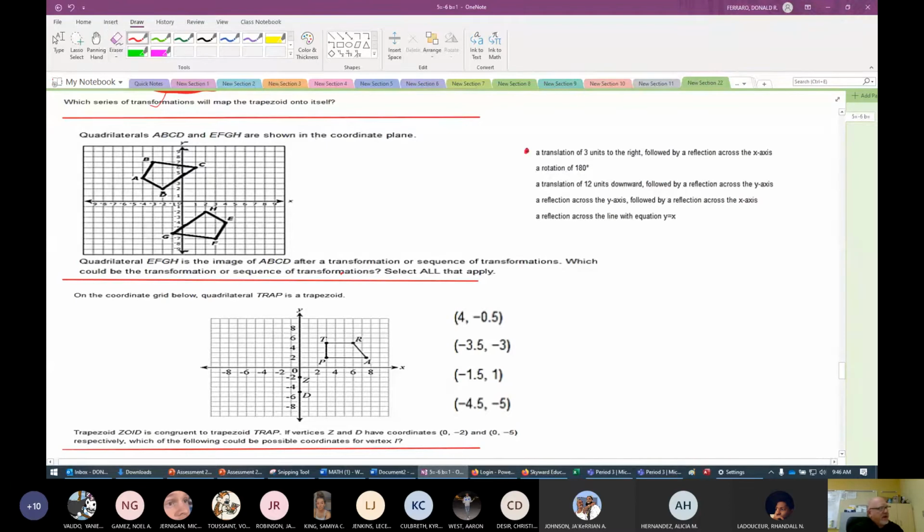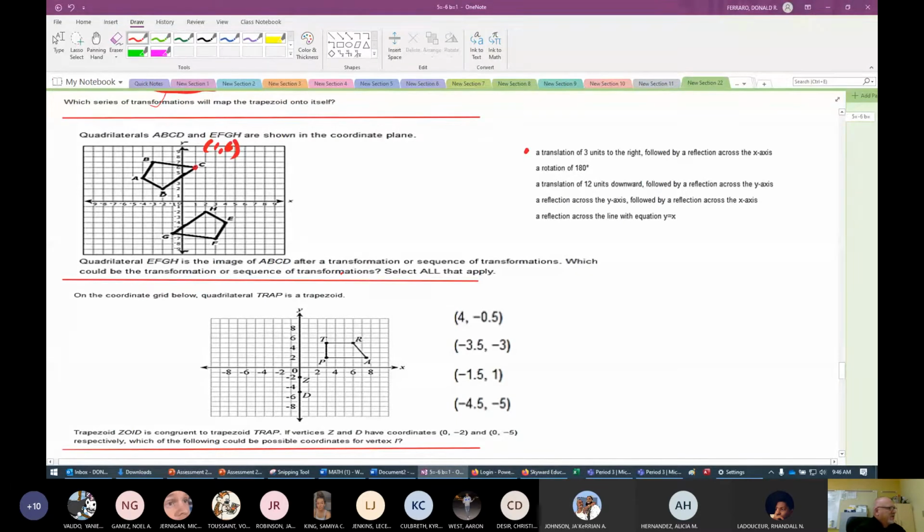Our first option right here is a translation of 3 units to the right. So let's just use point C as our base point. Point C is 1 comma 6.